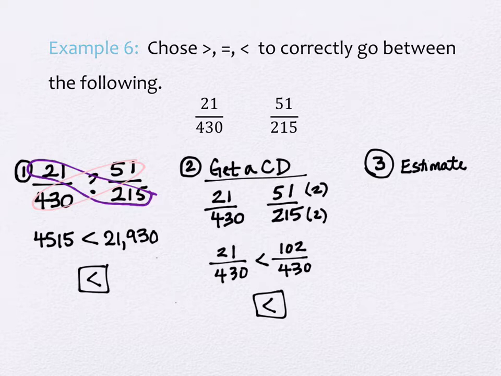Now, it doesn't work very well if the fractions are very close in size, but these fractions are nowhere close in size. They're significantly different. So what were my fractions? 21 over 430. If I take a look at 21 over 430, it's about 20 over 430, about the same thing.